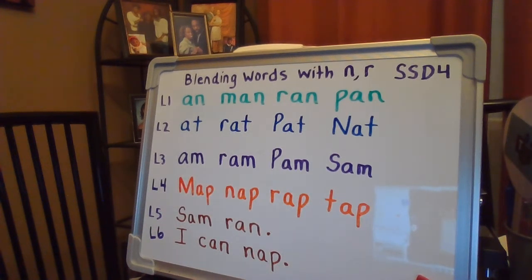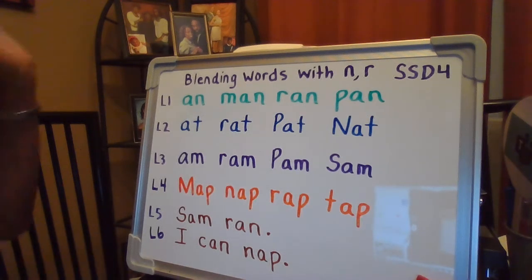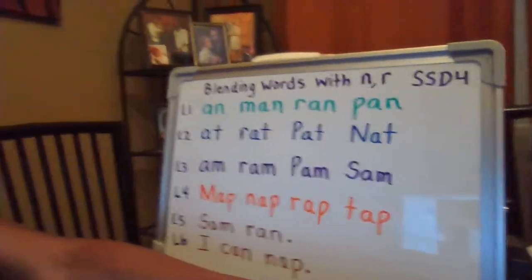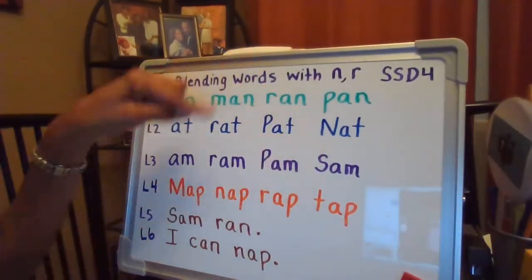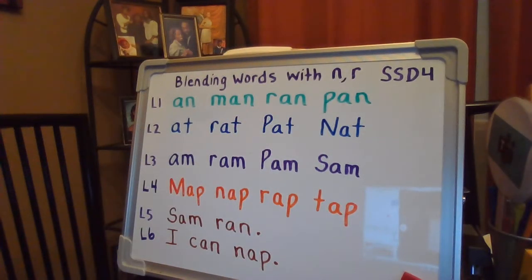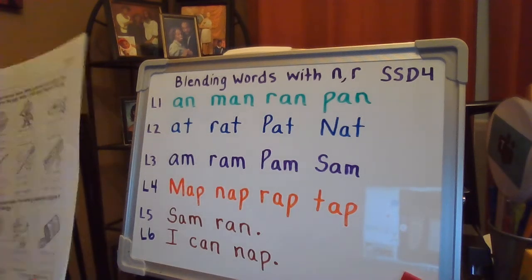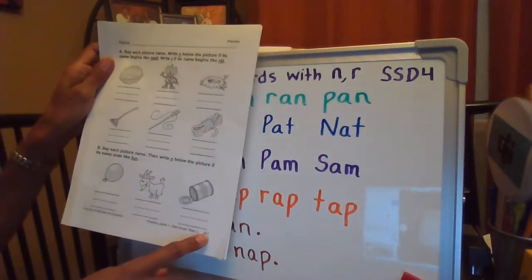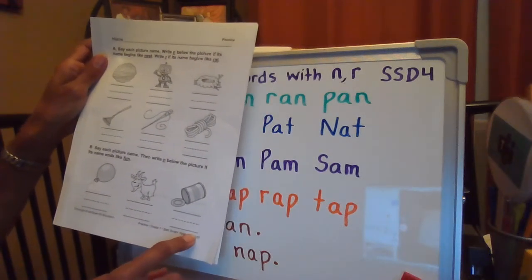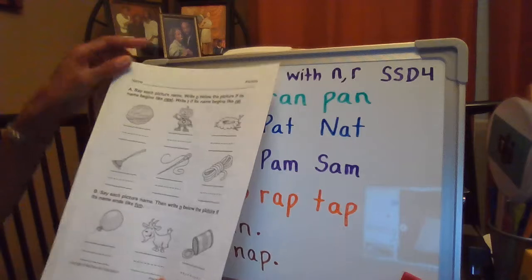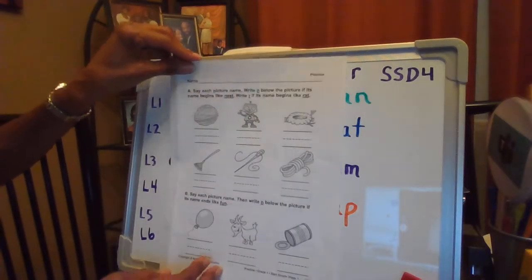All right, boys and girls. Next, we're going to discuss what you're going to do in your packet, in your language arts Start Smart page. In your language folder, you're going to take out SS7, page SS7, which is your phonics sheet.